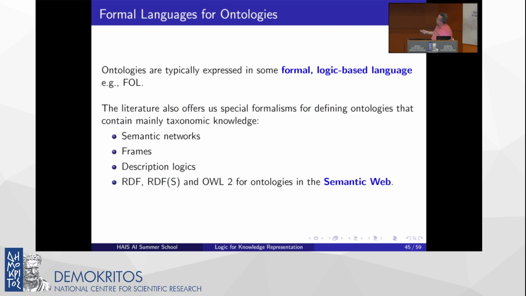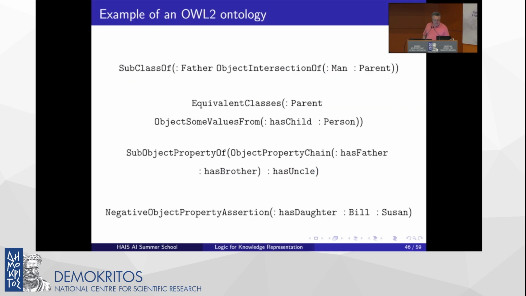Once upon a time, there were semantic networks, then there were frames, then came description logics, and these gave birth to OWL2 and other ontology languages, and this is the area of the semantic web if you want to check it out. So this is an example, for example, of an OWL2 ontology.